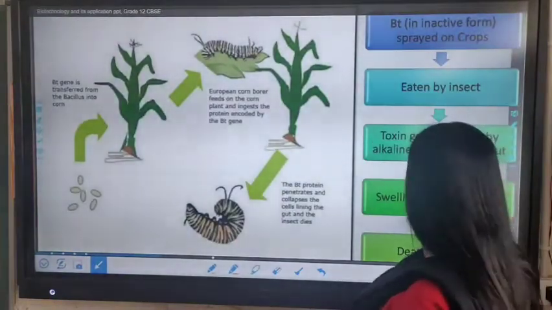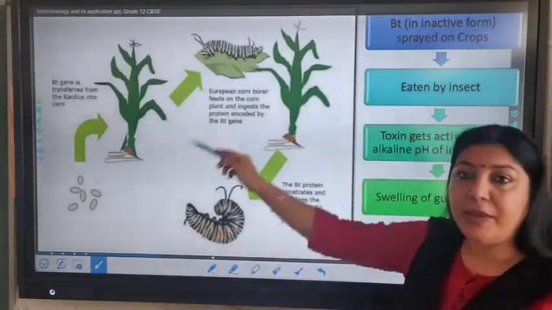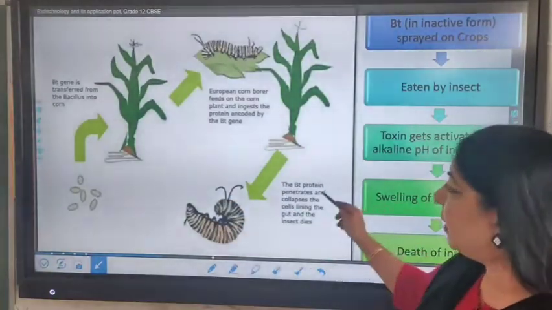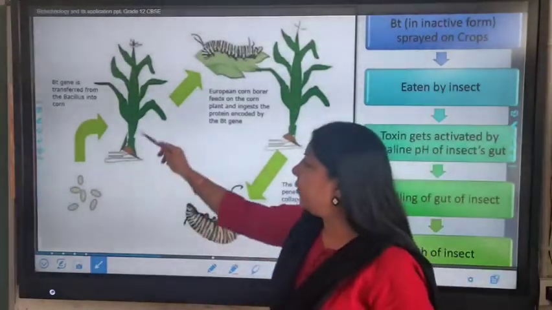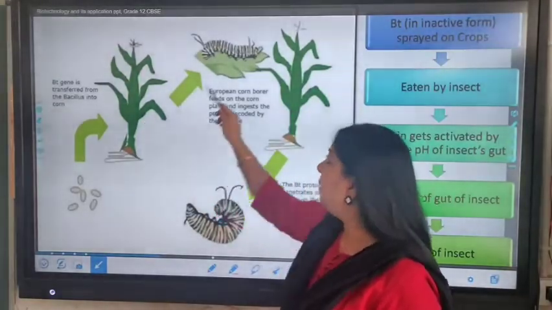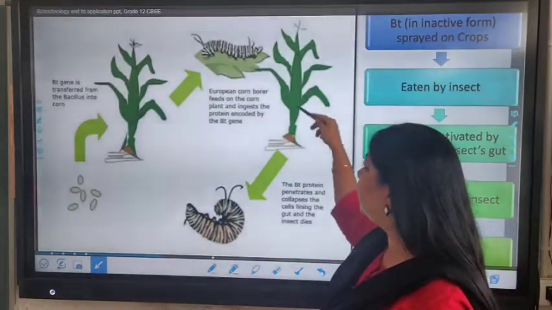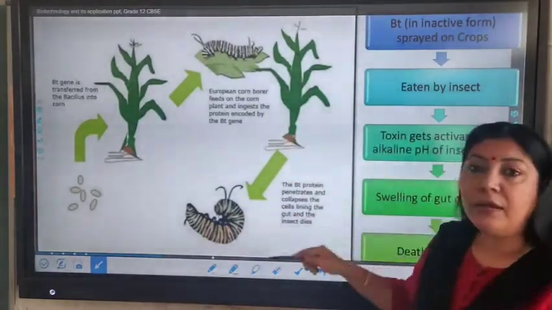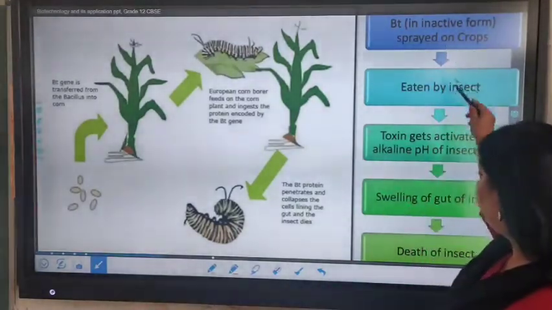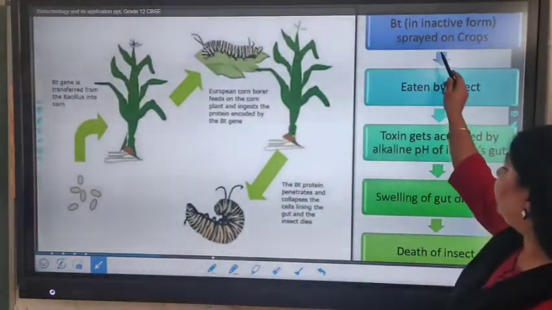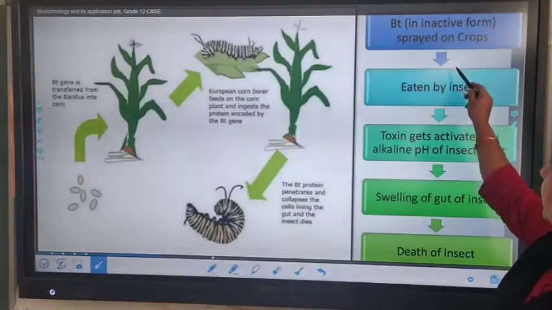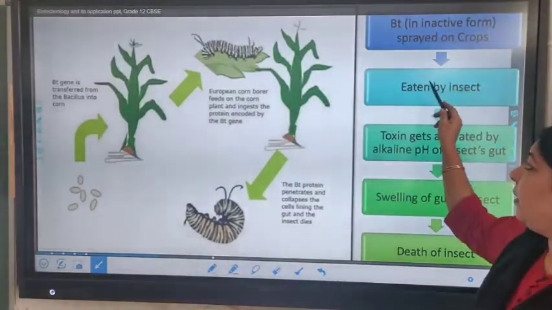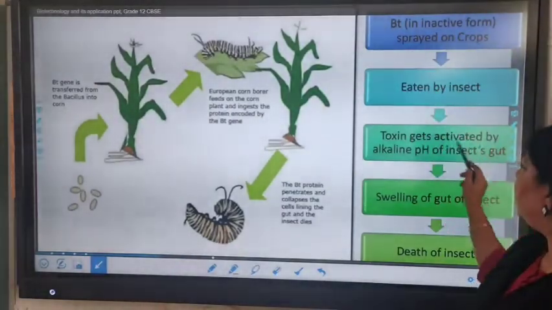This is just a mechanism. You can see this mechanism. We are introducing this Bt gene in the plant. This plant becomes resistant, and when the insect eats it, it will get affected. These flow charts show that Bt in the active form is sprayed on the crop, and then it is eaten by the insect.